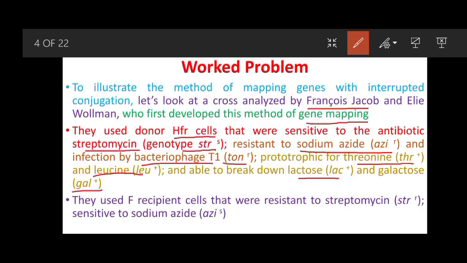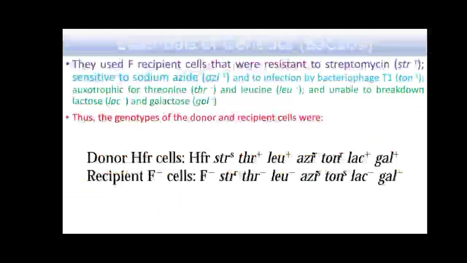They used F minus recipient cells that were resistant to streptomycin, sensitive to sodium azide and to infection by bacteriophage T1, and auxotrophic for threonine.